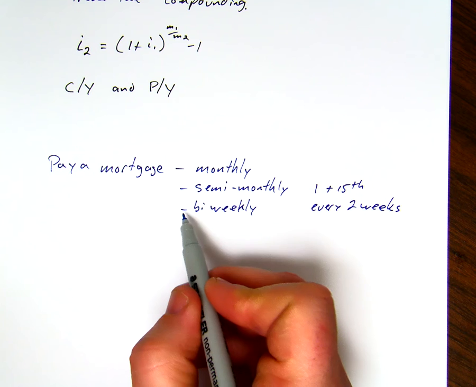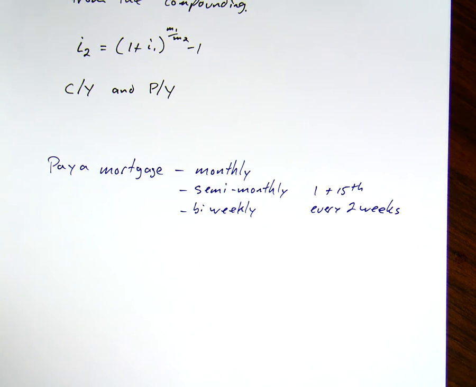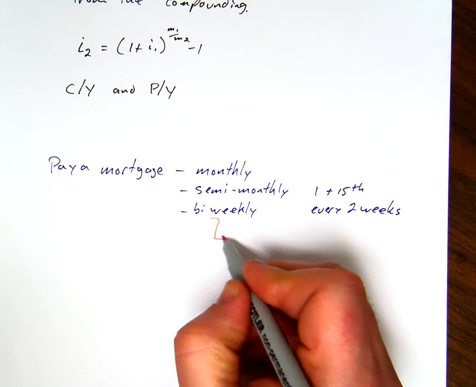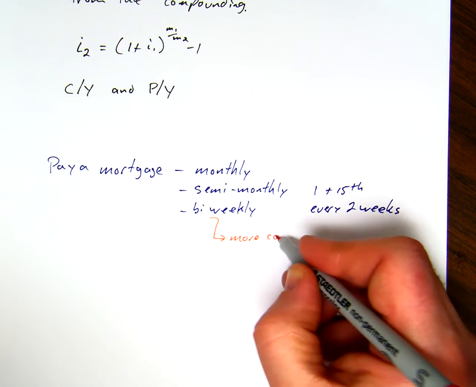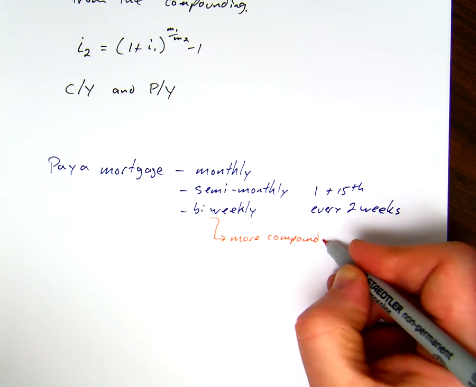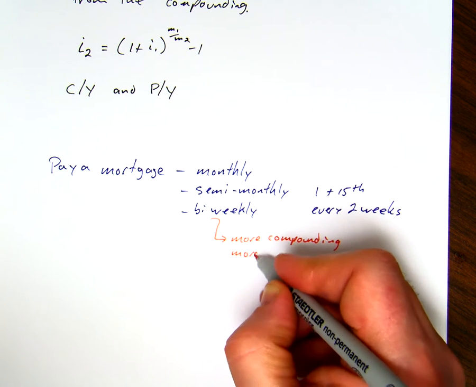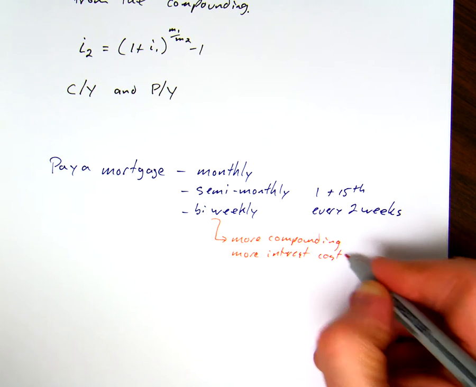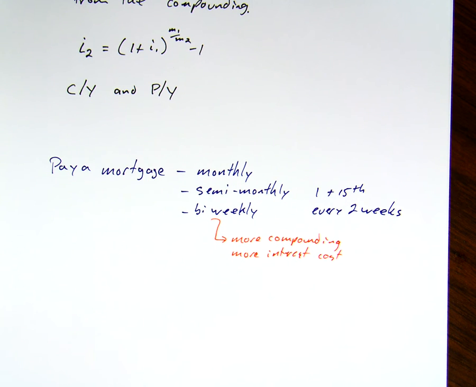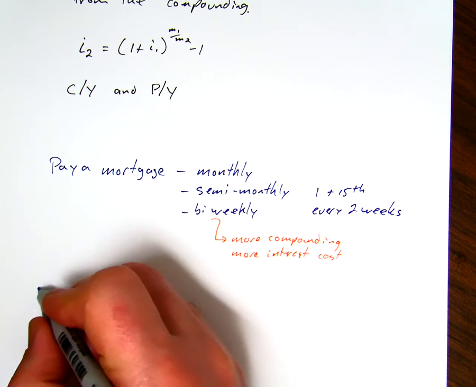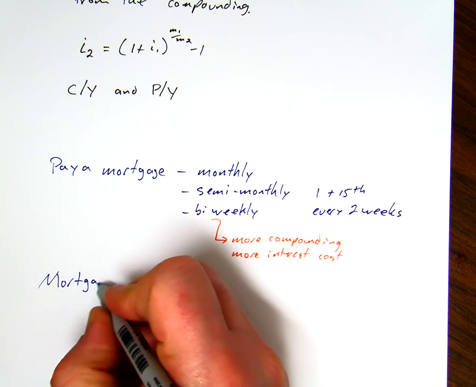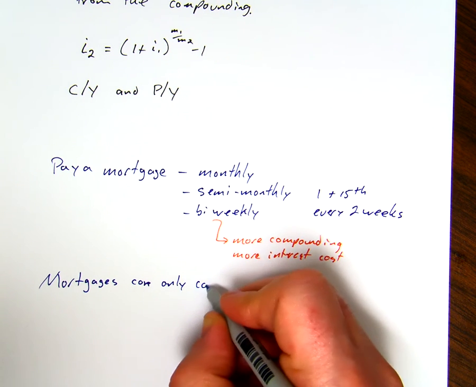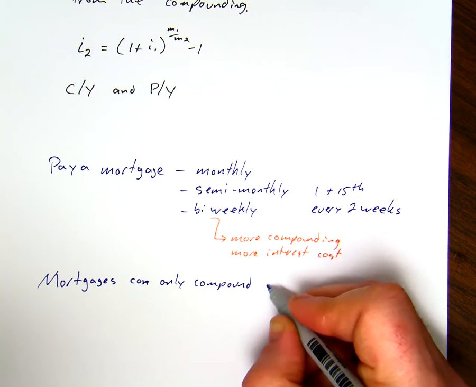Now, if I had a mortgage, which of these three would I like? I probably wouldn't like bi-weekly, because this would mean more compounding, which would mean more interest cost. So we have a rule in Canada that says mortgages can only compound semi-annually.